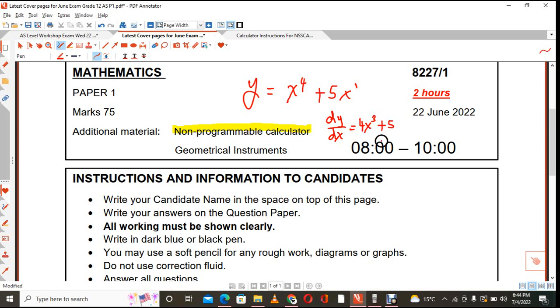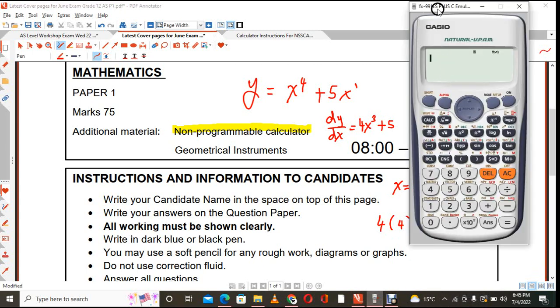Okay, so if I was to ask you, when x equals, let's say, 4, what is the derivative going to be? So in this particular case, you would be saying 4, and then you have that 4 in there, cubed, and plus 5. So you're going to substitute that into the derivative function. All right, so that is 64 times 4. Okay, let's just get our calculator back.